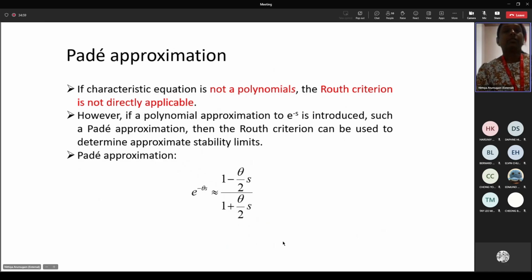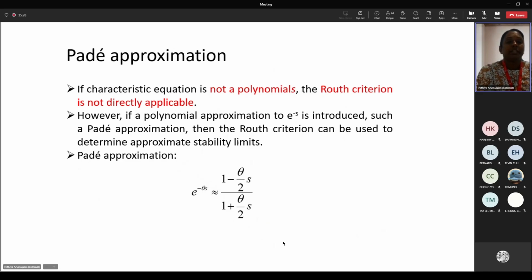So other than the general stability criterion and also the Routh stability criterion, we have another one, the Pade approximation. This one is not that important, but for your knowledge, if the characteristic equation is not a polynomial, the Routh criterion is not directly applicable.